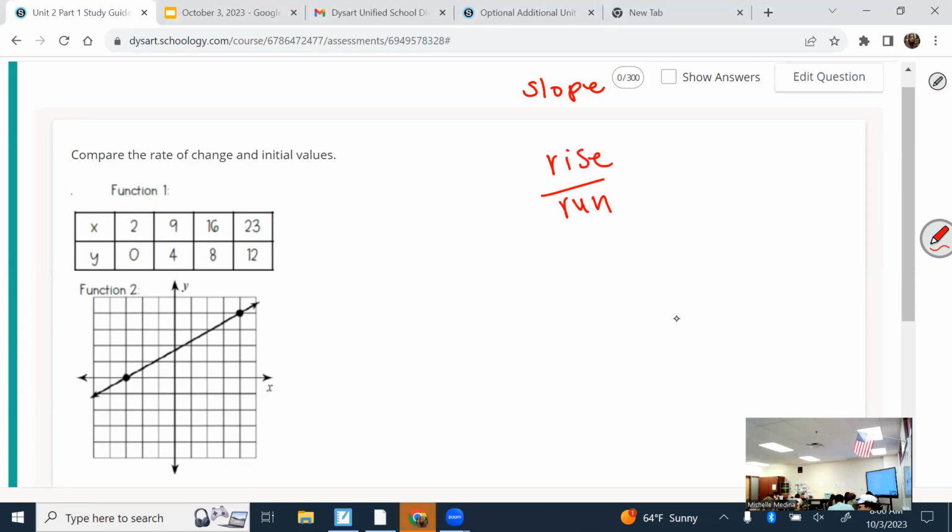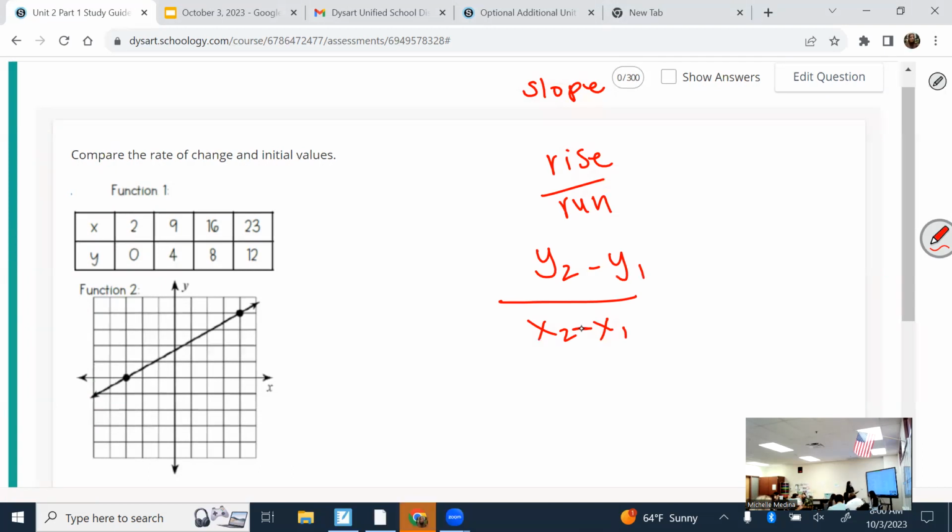But if it's from a table, then I suggest you use y2 minus y1 over x2 minus x1. Which is literally the same. It's the same thing. It's just one's easier for a graph, the other one's easier for a table.